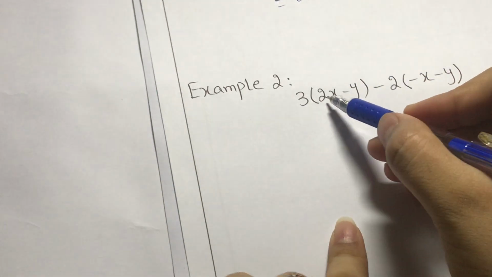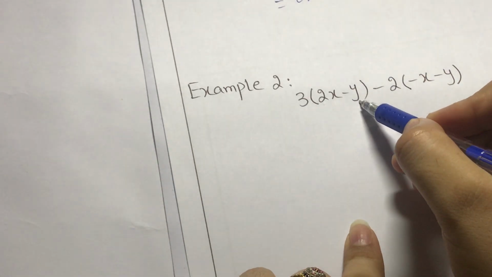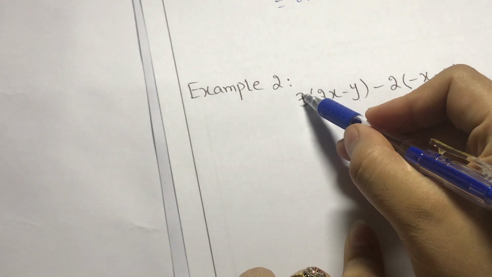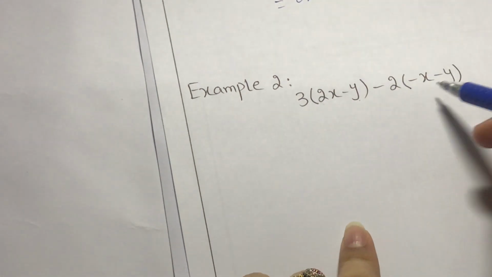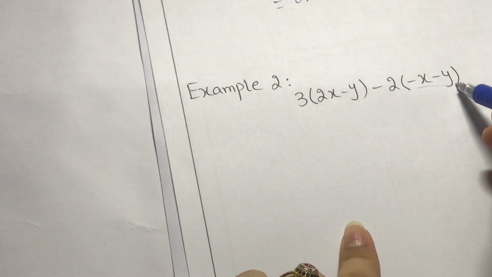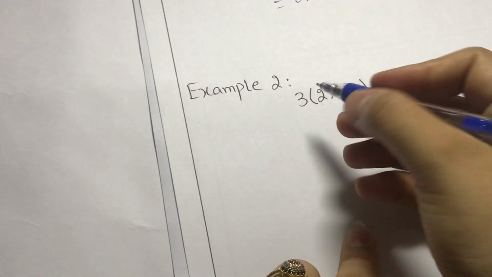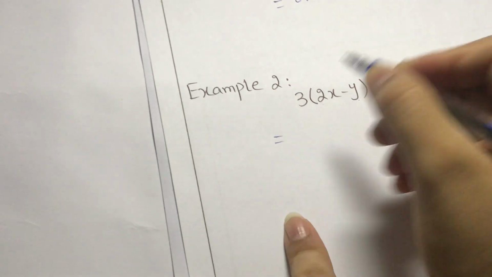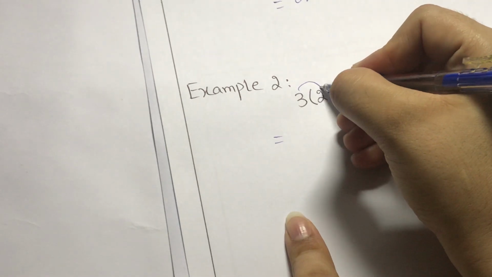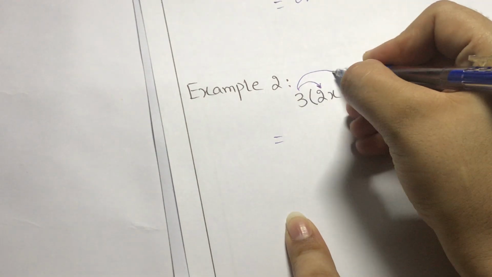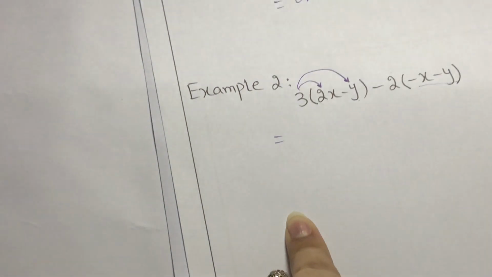In this example you can see again we have a linear algebraic expression in the bracket and its multiple is 3. Same, here we have one more algebraic expression and its multiple is 2, right? How we will solve that? First, draw the arrows like me, so you don't forget to multiply the terms, right?